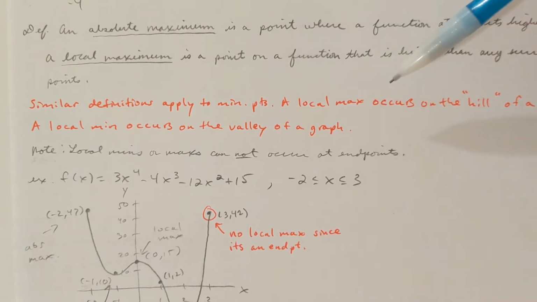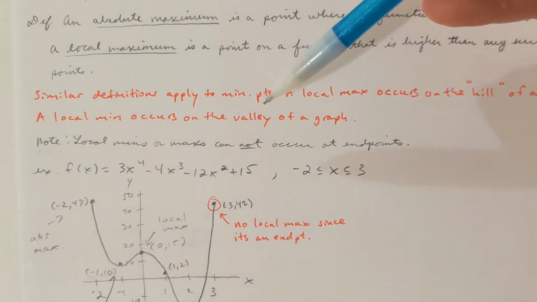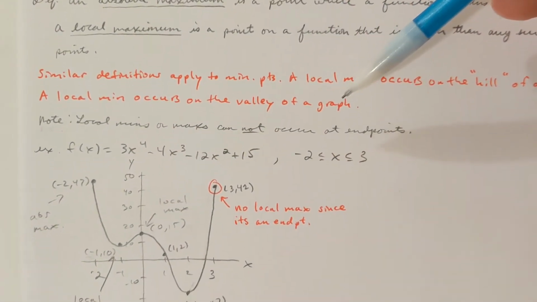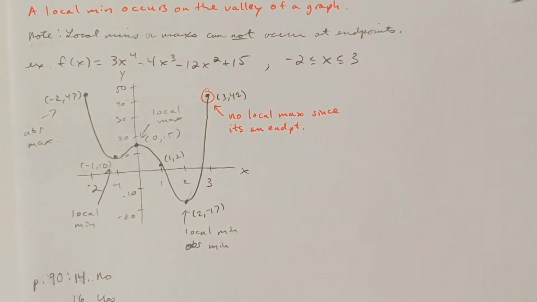A local max occurs at the hill of a graph. A local min occurs at the valley of a graph. I'll be using terminology like that. There's a note also: local mins or maxes cannot occur at endpoints. Only between the start and endpoints, if there is start and endpoints.